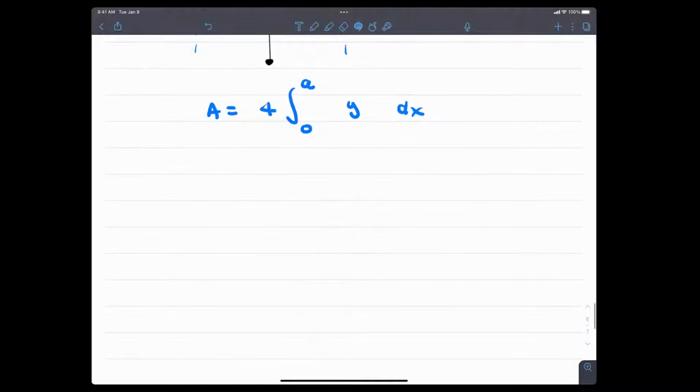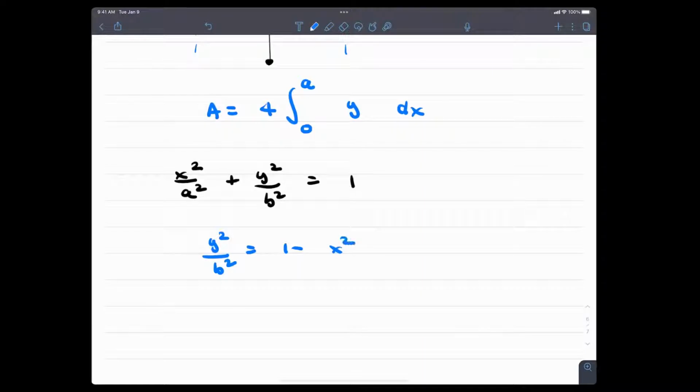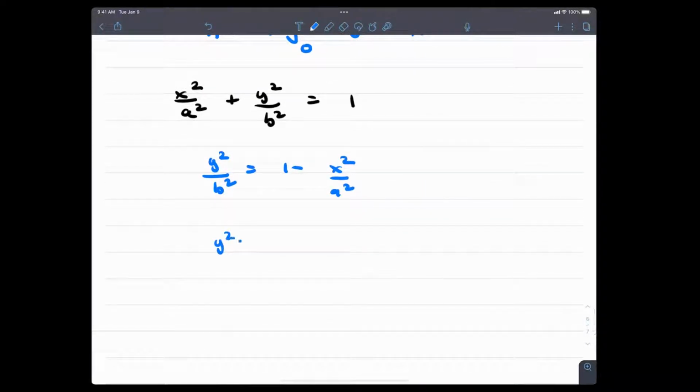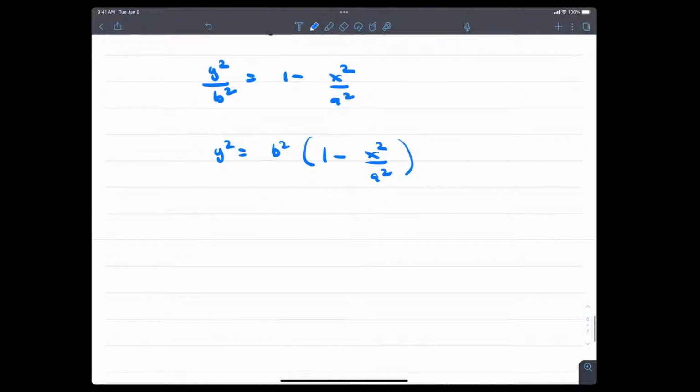The book talks about this, and I'll go into some detail. This is going to be y squared over b squared is 1 minus x squared over a squared, and y squared will be b squared times 1 minus x squared over a squared. We're going to have to do some algebra, right?